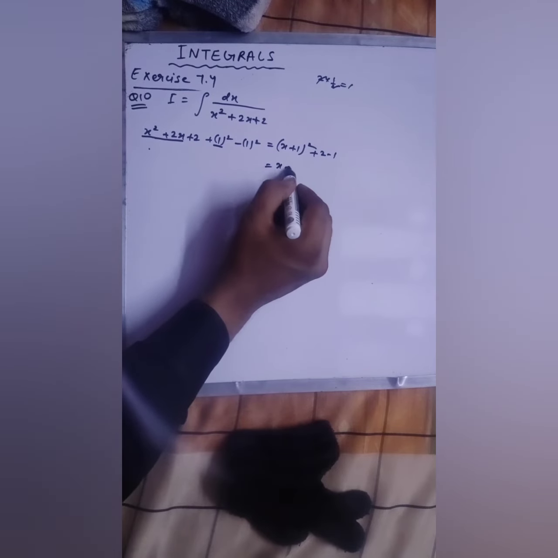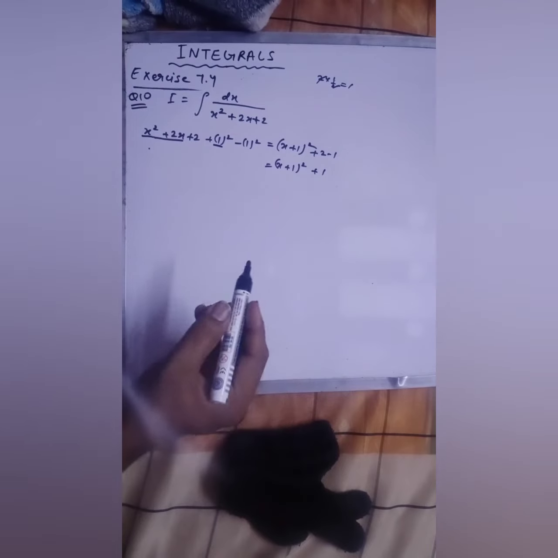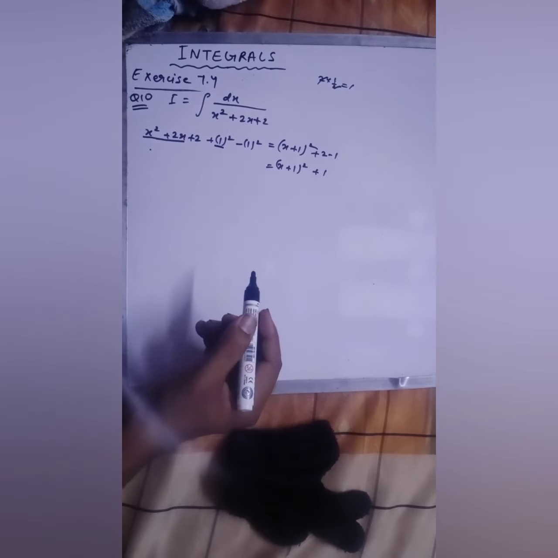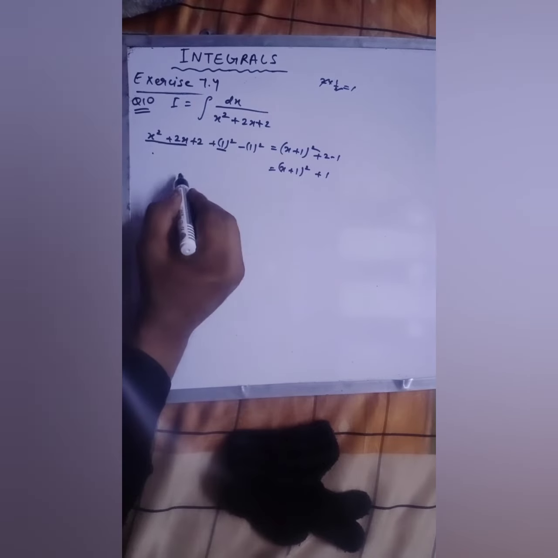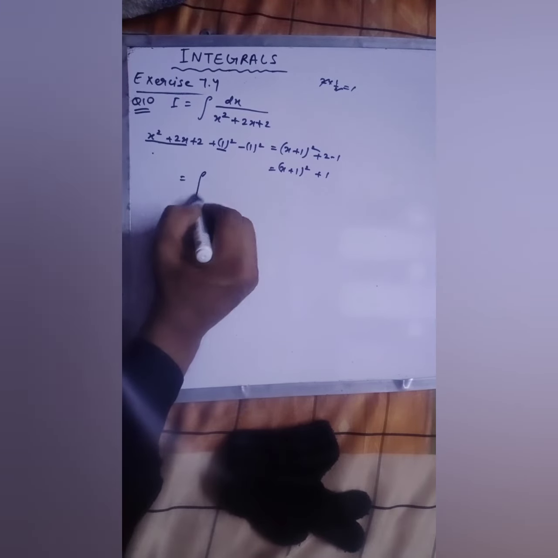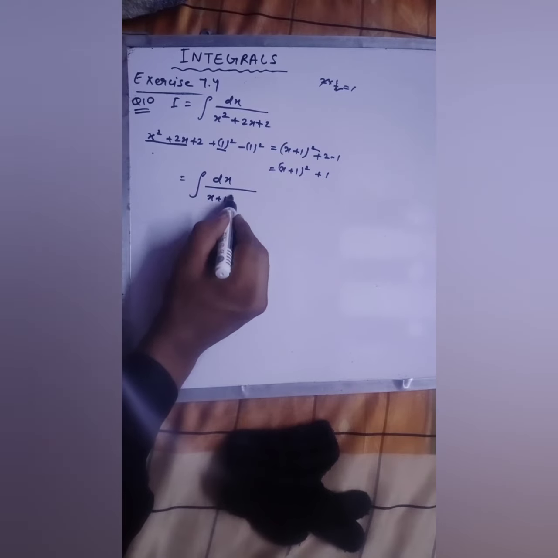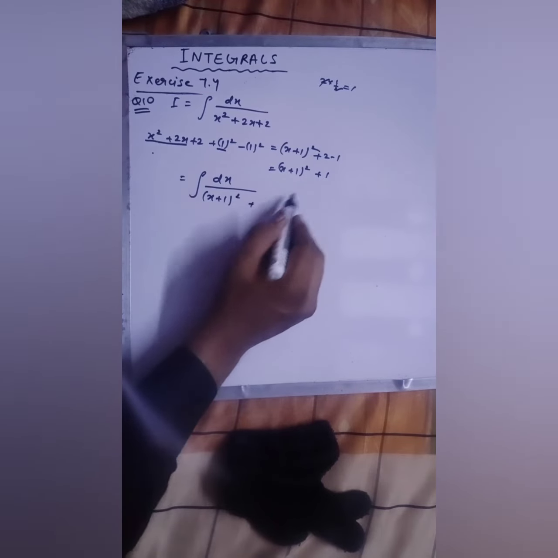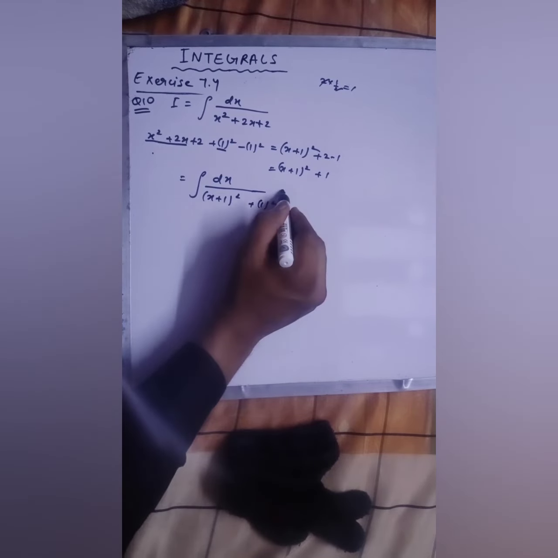So you will get x plus 1 whole square plus 1 only. Okay, so now in place of x square plus 2x plus 2, here I'm writing this dx over x plus 1 whole square plus 1. It is 1 only, so I can write 1 square because it will remain 1.